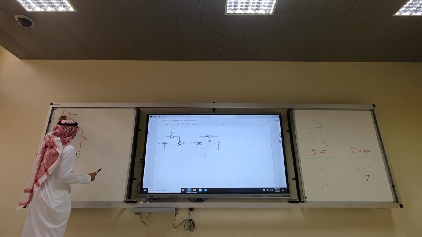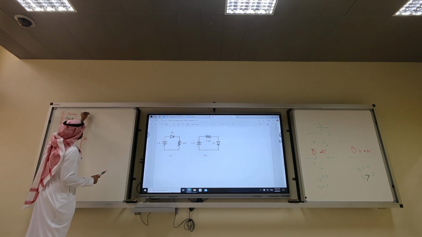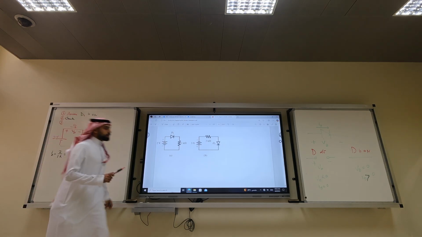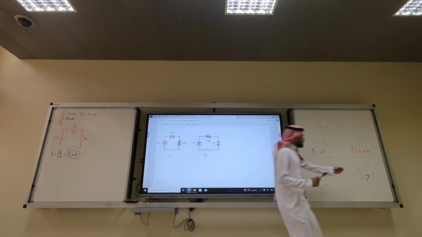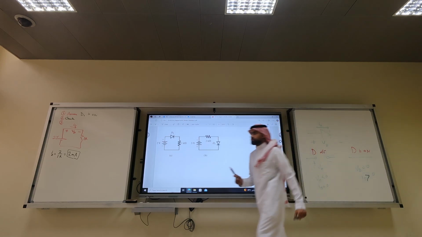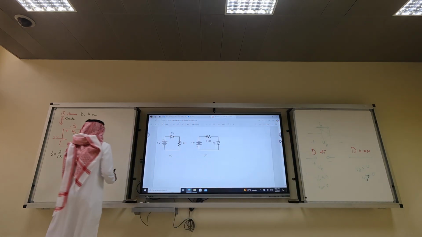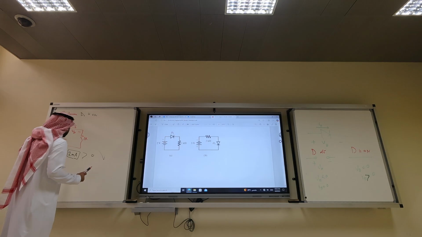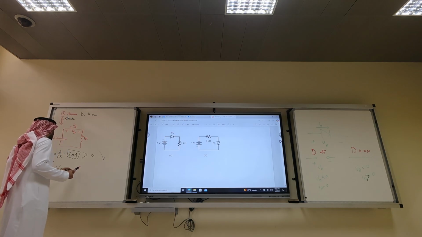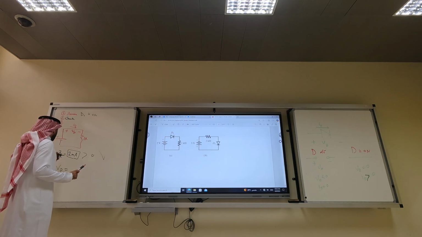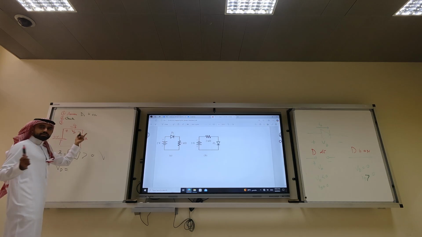What's step number 2? We assume diode 1 is on. Check. What do we check? Is ID greater than 0? What is VD? Well, VD you can use KVL. Clearly it's a short circuit, 0.